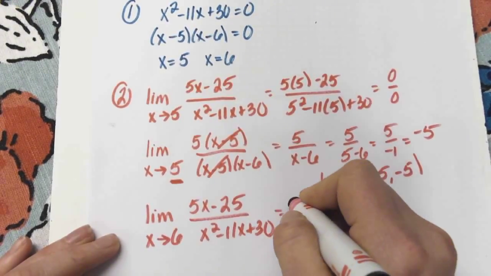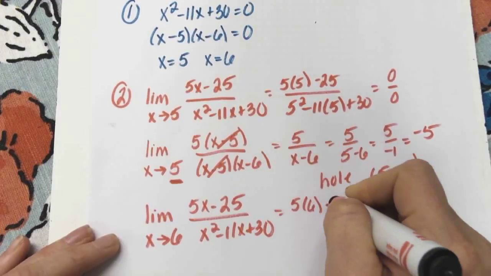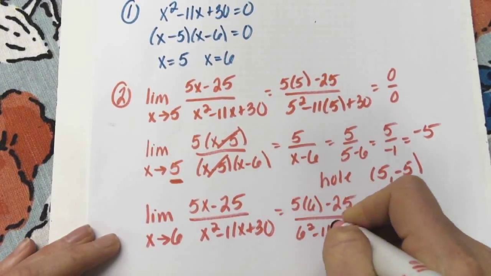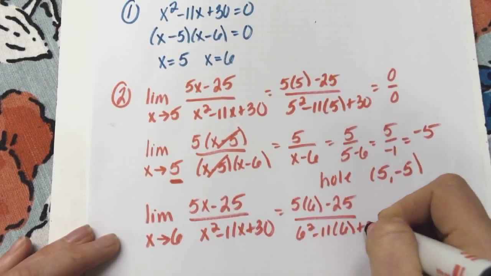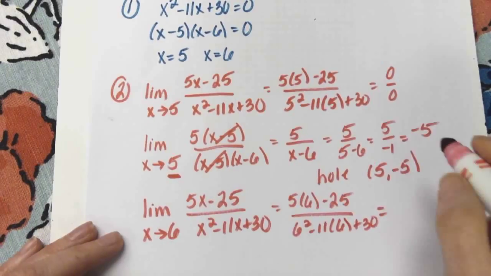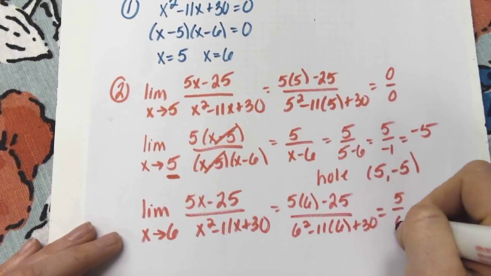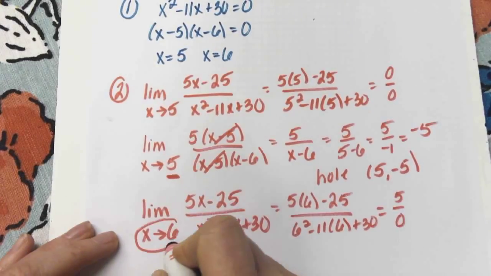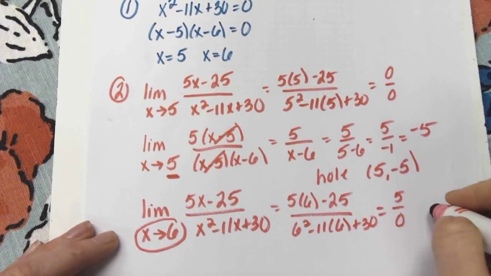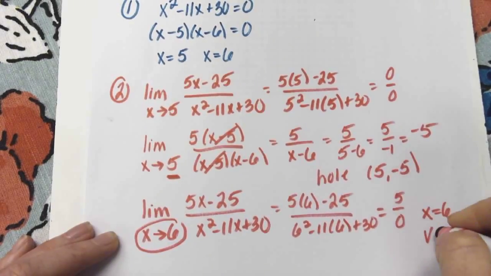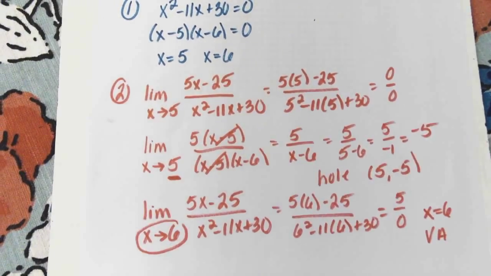If I plug in 6, I have 5 times 6 minus 25 over 6 squared minus 11 times 6 plus 30. When I do all the calculations, I get 5 over 0, which means that this point of interest, x approaching 6, creates what we call a vertical asymptote.